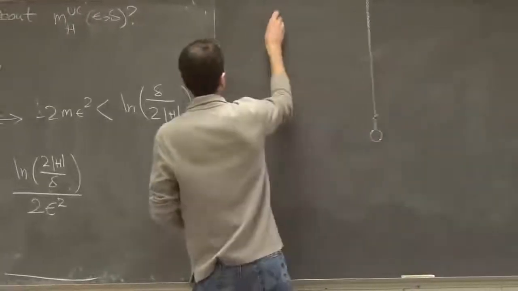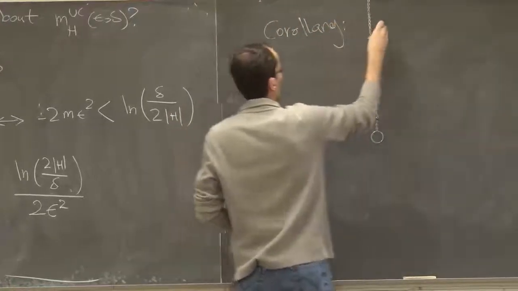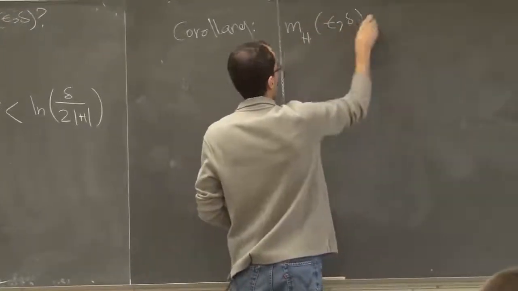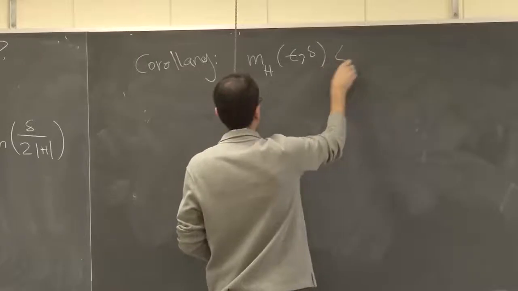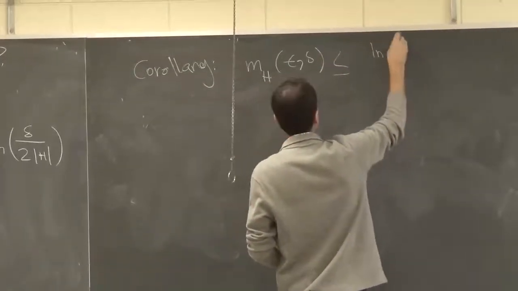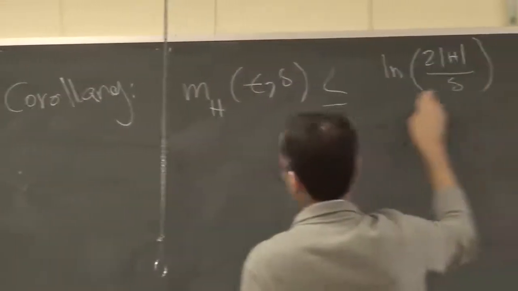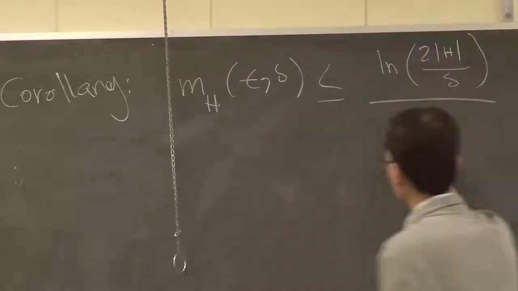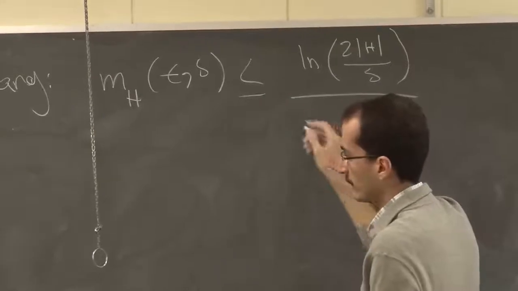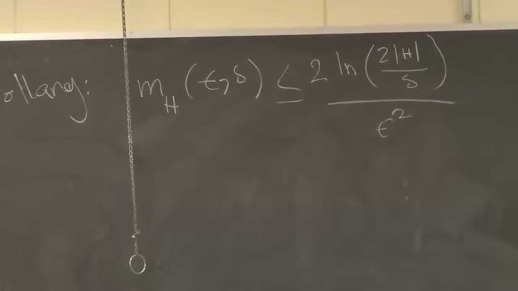The corollary: the sample complexity of agnostic PAC learning is just ln of 2h over delta, where I should substitute epsilon over 2. So there will be a 4 and 2 and 2, so there is a 2 here. Exactly.